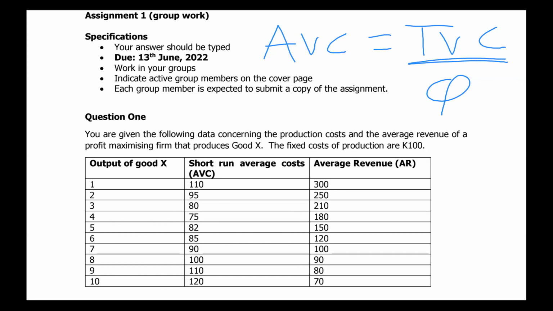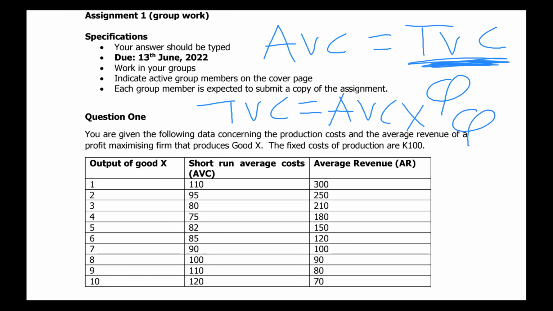If you want this, make it the subject of the formula. Total variable cost should be equal to average variable cost times output. So we are just multiplying. Our output is here, our average variable cost is there. So we can fill in now this total variable cost column.